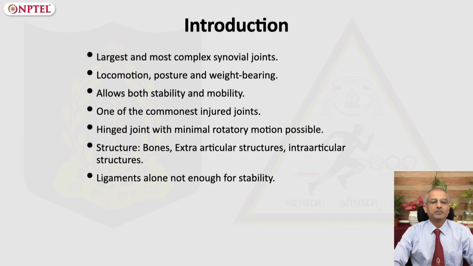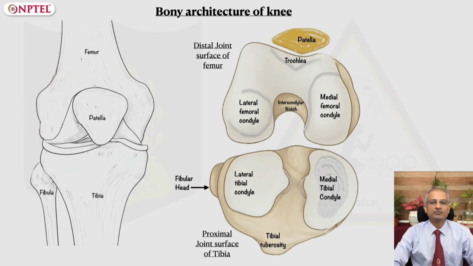Though the ligaments play a major role in stabilization during its various functions, they alone are not sufficient, and the stability of the knee is achieved through a combination of the action of ligaments, muscles, bones, and neuromuscular control. With this brief introduction, let's explore the anatomy of the knee, beginning with the osteology of the knee.